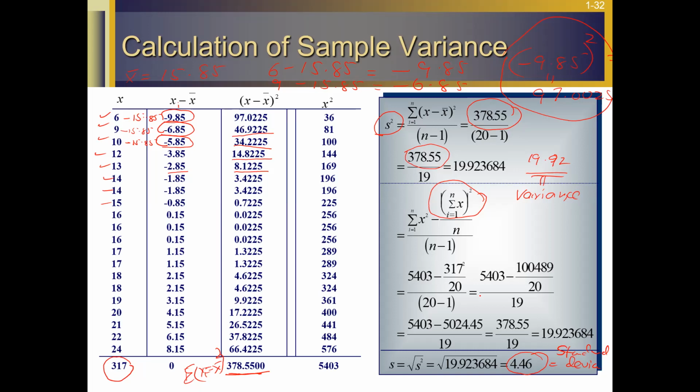Right. Hope that you all are okay with how to find variance and standard deviation. They are very important measurements in descriptive statistics. The standard deviation is the root value of the variance.